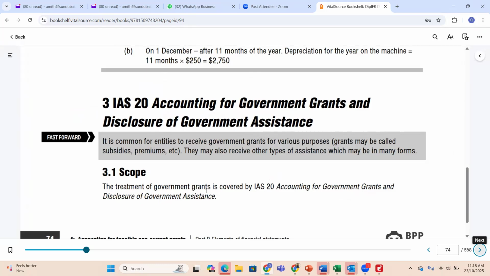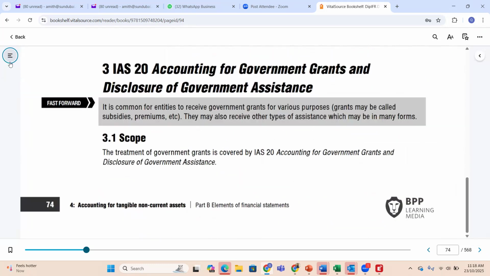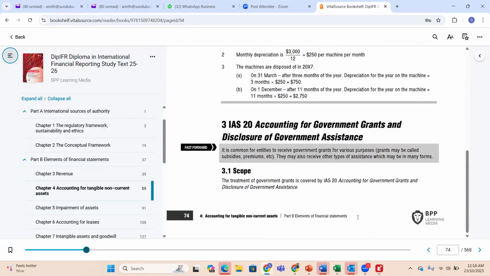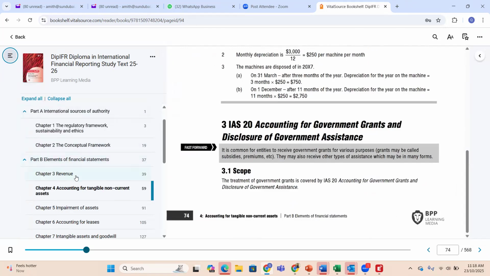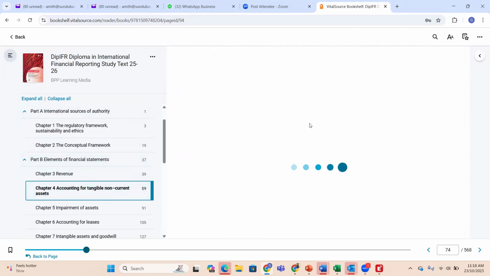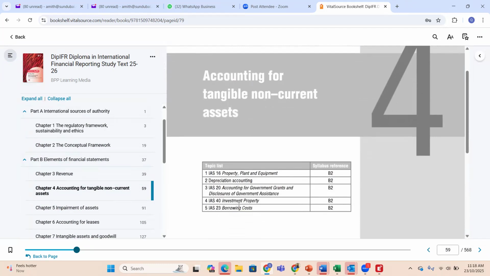Okay. Then we have 20, which is a very simple standard, but you need to understand. So we have 20, 40, and 23 for today.